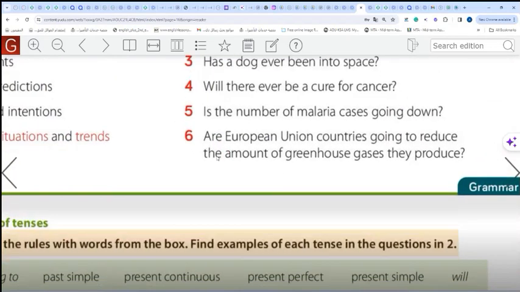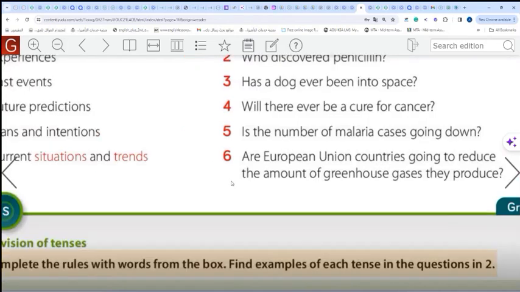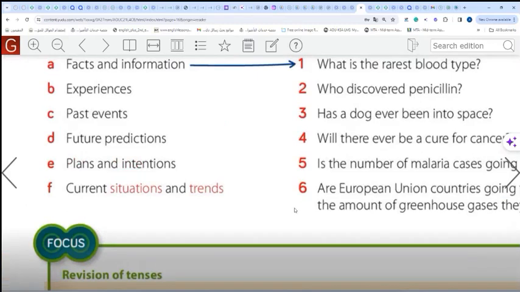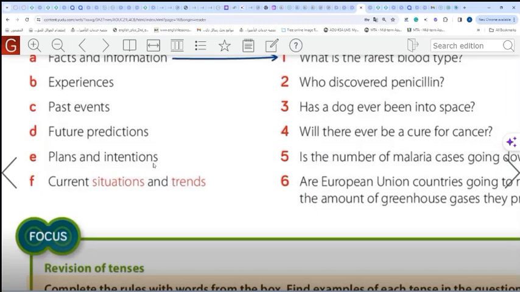When I say, for example, are European Union countries going to reduce the amount of greenhouse gases they produce? So it means plans and intentions. This is the last point, plans and intentions. But how did you know that number 6 expresses plans and intentions?